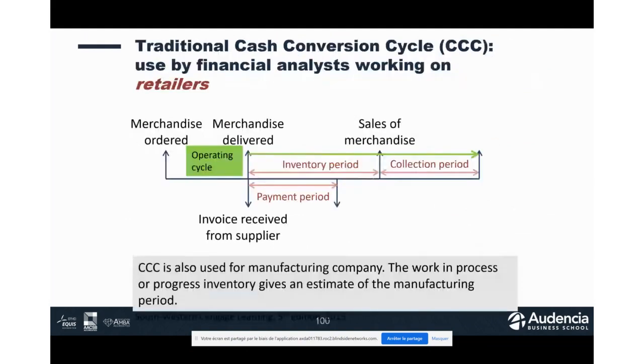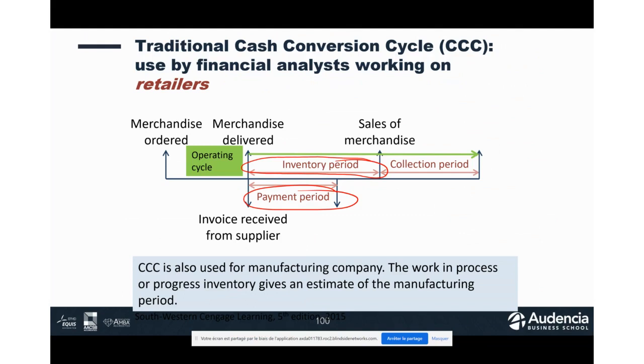For the retailers, we use a lot the cash conversion cycle, but we can use it also for the manufacturers. For the retailers, they order some merchandise, they receive the merchandise, they negotiate some credit terms with the suppliers, they keep the inventory during the time waiting for the customer to purchase the merchandise.